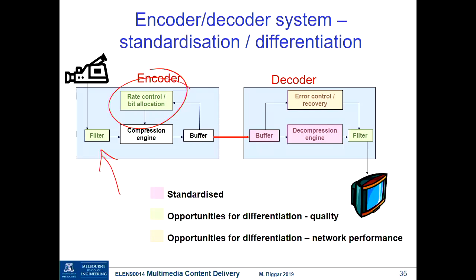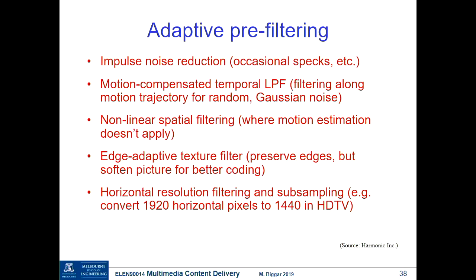If we can filter that input signal in some way, we might be able to generate a signal that is easier to encode, or, put another way, allows us to apply the bits that we have available, our bit budget, to the most important features of the image. So clever, intelligent pre-filtering is a way that we could potentially save bits and give greater performance overall.